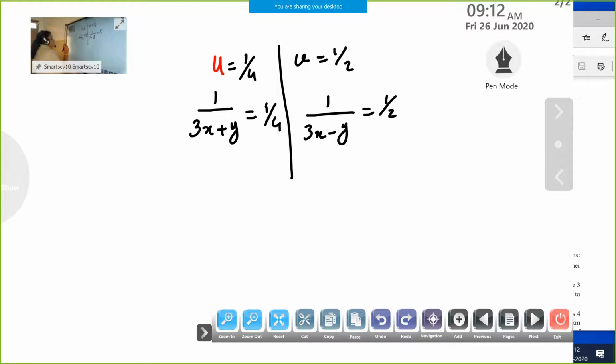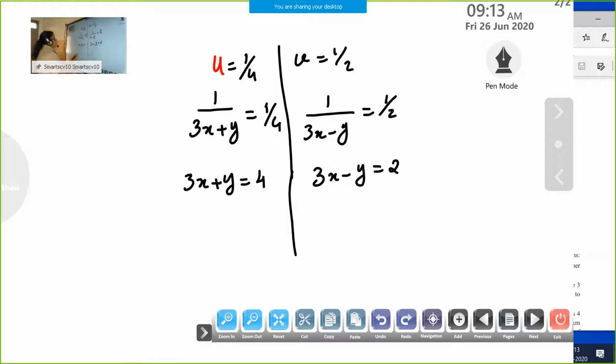Clear? Instead of U, you write 1 by 3x plus y, and instead of V, you write 1 by 3x minus y. Taking the reciprocal, that means 3x plus y is equal to 4. Then the second equation, 3x minus y is equal to 2. Taking the reciprocal, that is 3x plus y is equal to 4 and 3x minus y is equal to 2.